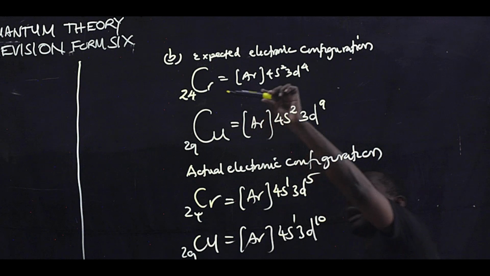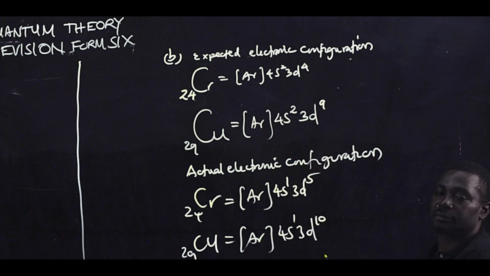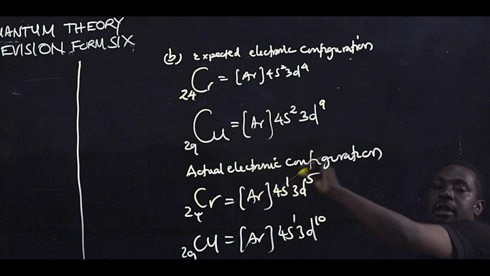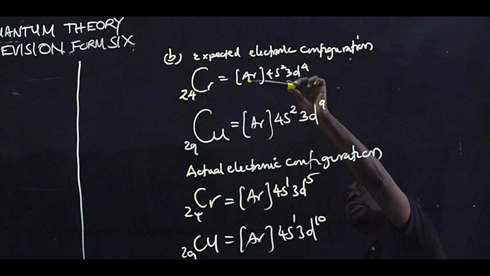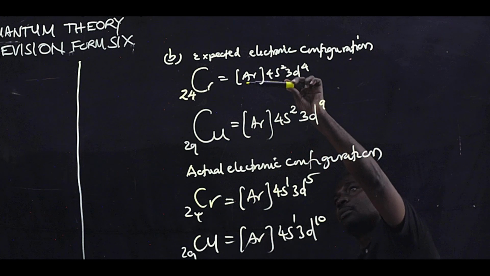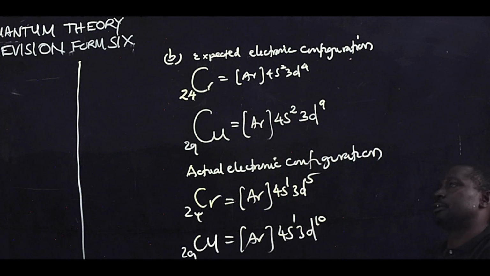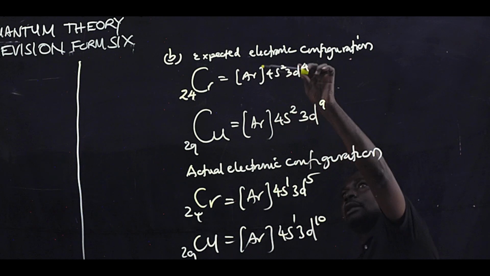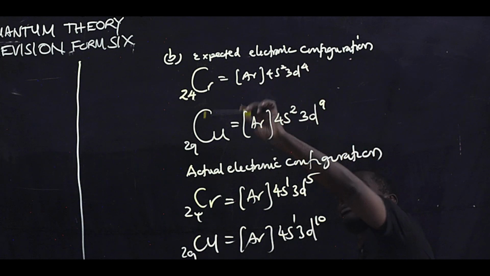Chromium has atomic number 24, so it can be shortened by using the noble gas having atomic number 18. So 18 electrons are already distributed and arranged in chromium.